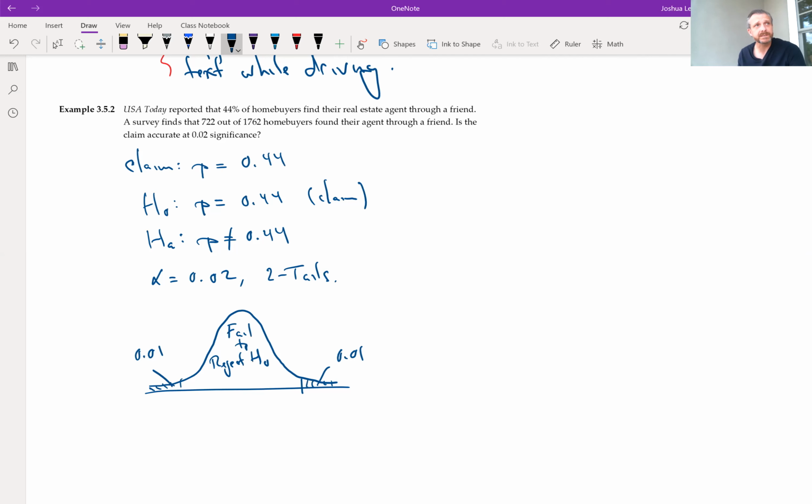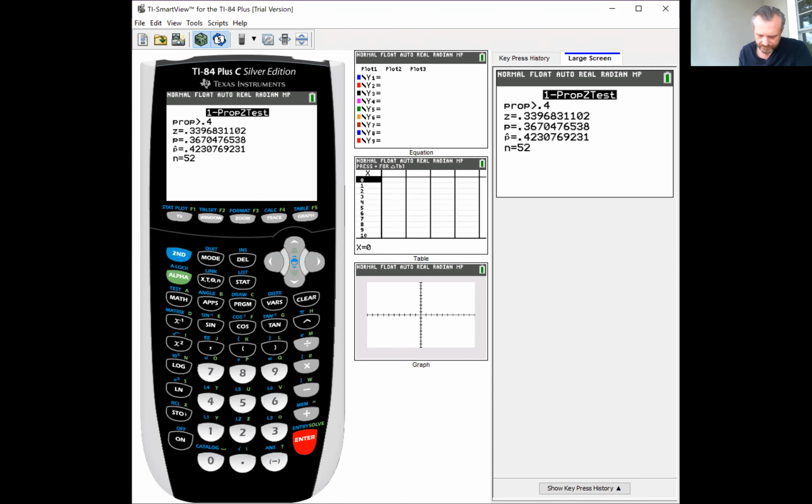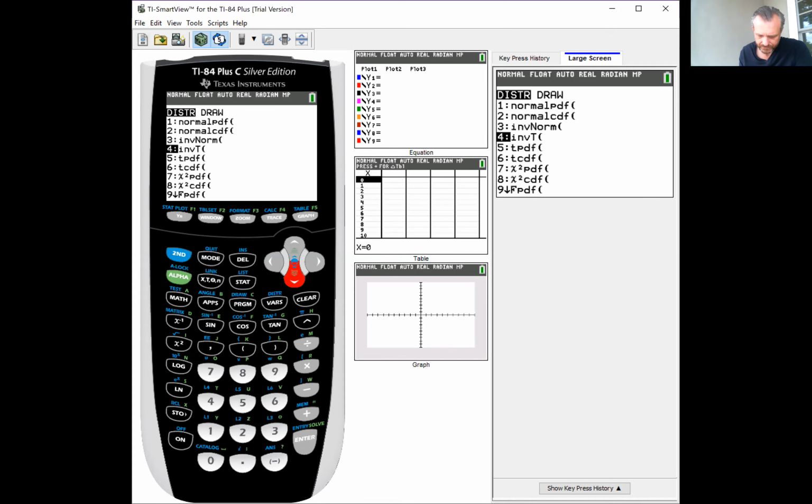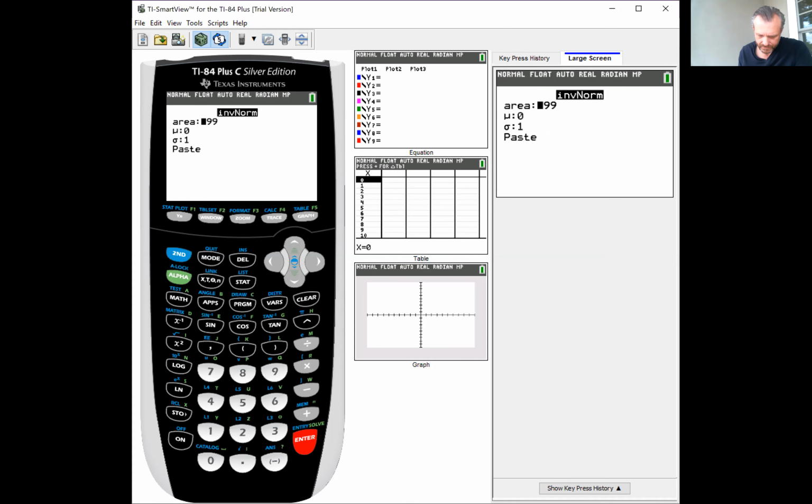We need our critical Z's, okay? So we're going to get those by coming over to our calculator. And I'm going to say inverse norm. And then the area to the left of that first one is 0.01.